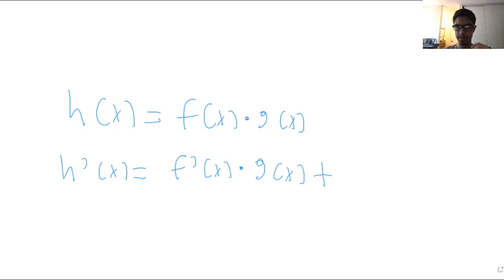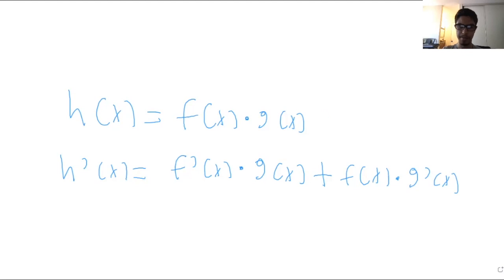And the product rule is defined by this addition sign that comes in between f prime of x and g of x. But then on the other side of the addition sign, we have f of x, just regular f of x, times g prime of x. Now we're taking the derivative of g. So this is the formula, or the rule, of the product rule. This is how you take it.